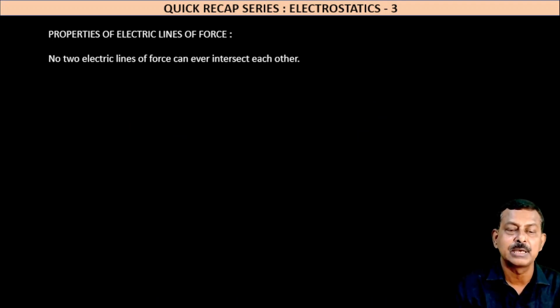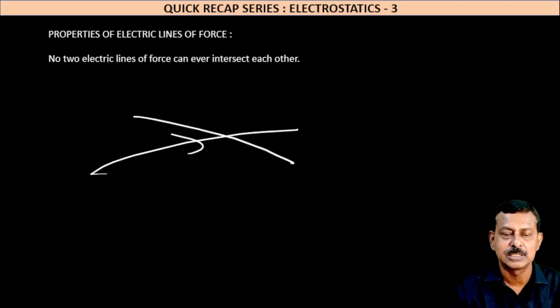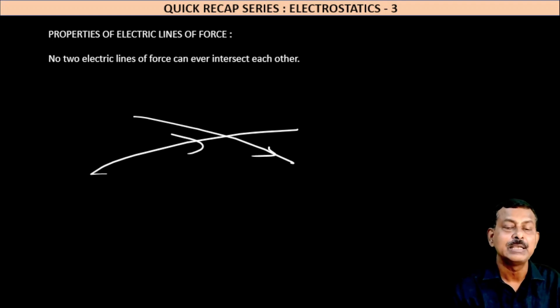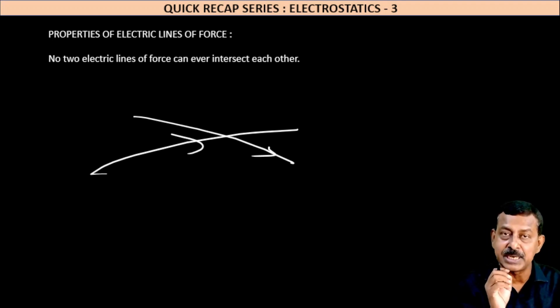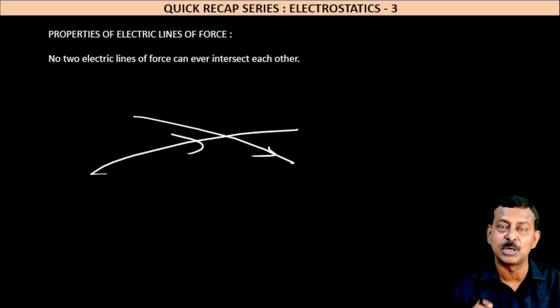No two electric lines of force can ever intersect each other. If I have one electric lines of force here and this is the second one, we say that they will never intersect. Now, why they will not intersect? Because we have said that at any point to the electric lines of force, if I draw a tangent, it will give the direction of electric field at that particular point.